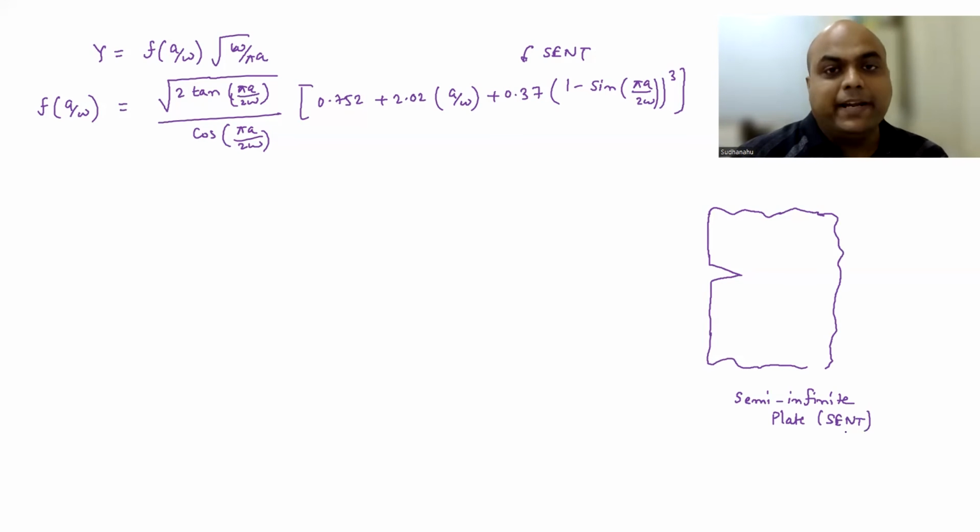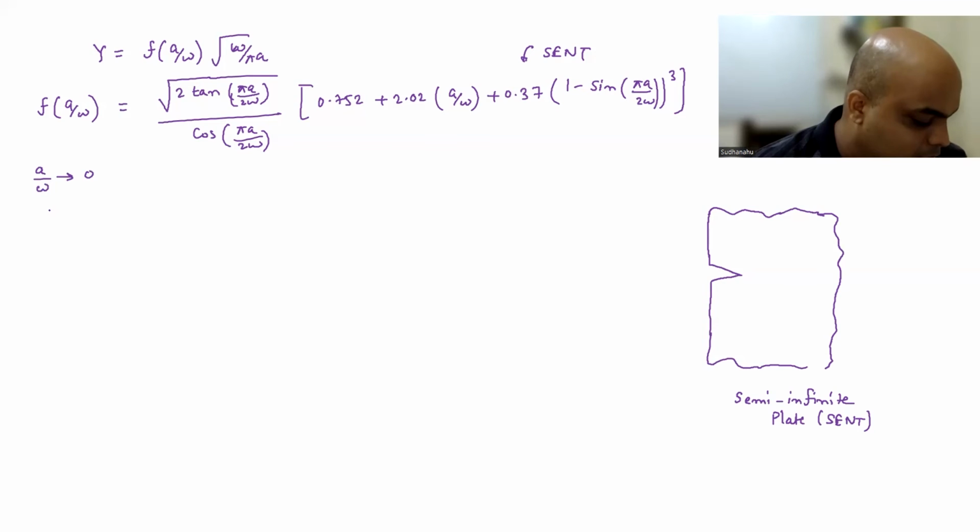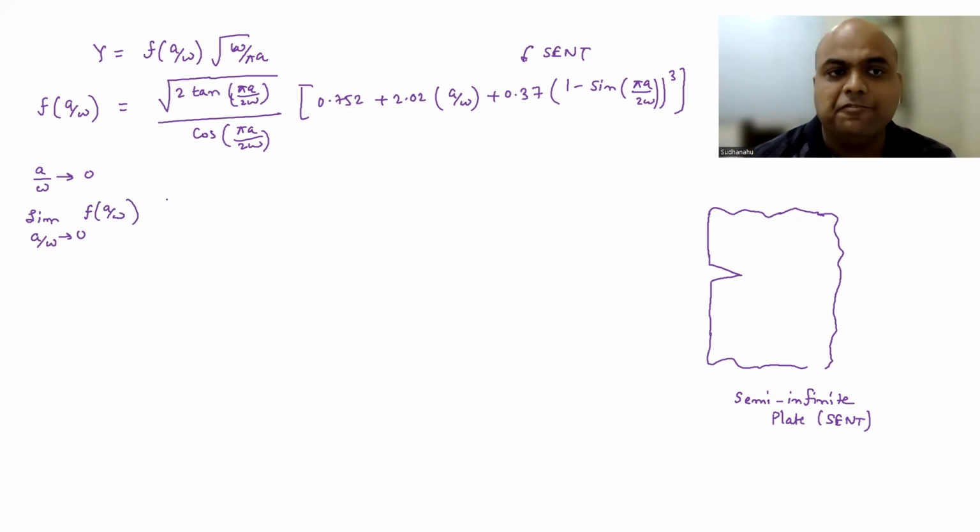By definition, a by W is tending to 0 for a semi-infinite or infinite plate. So we will take the limit of a by W tending to 0. If we do that, we need to calculate F(a/W) so that we can calculate Y from this particular expression.